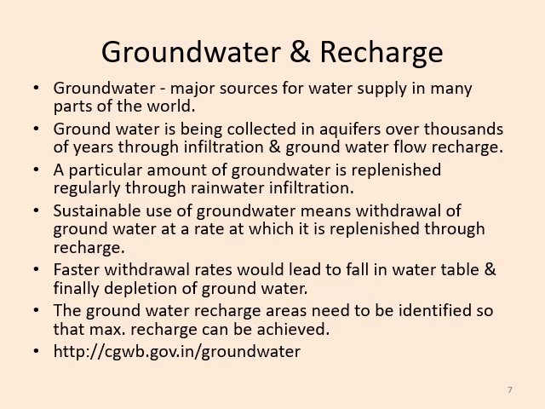So we have to focus not only on the use of groundwater to fulfill our demand, but on its sustainable use. Sustainable use of groundwater means that the rate at which we are withdrawing or pumping out the groundwater, with the same rate the groundwater should be replenished in the aquifer zone also.